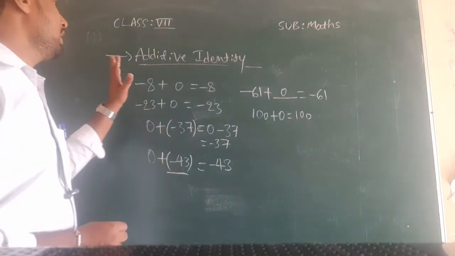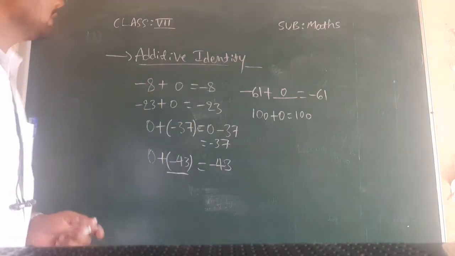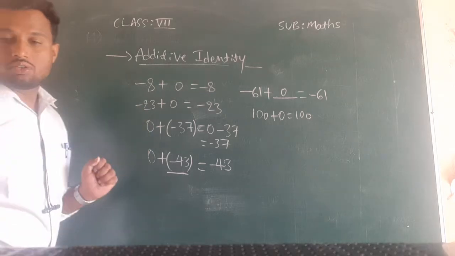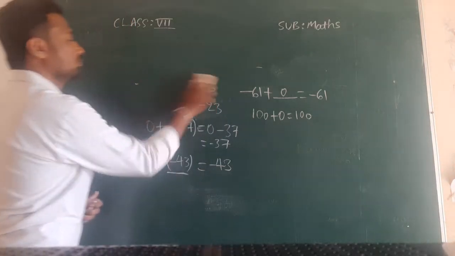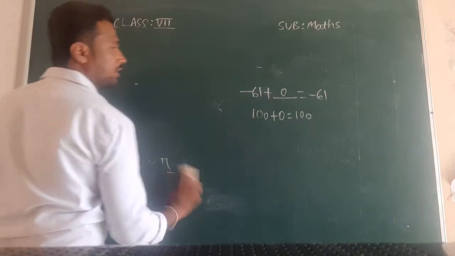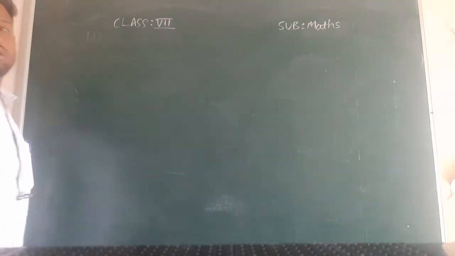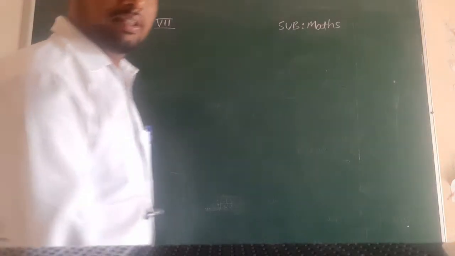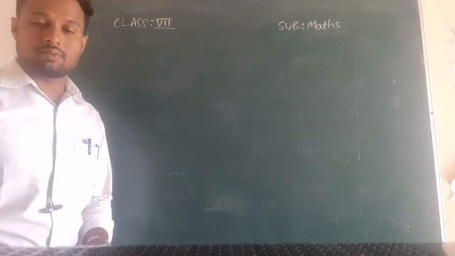This is about additive identity. Now let us see one example before going to exercise 1.2. Remember this, 0 is the additive identity. Why? Because when you add 0 with any integer value, you will get the same value or same number.